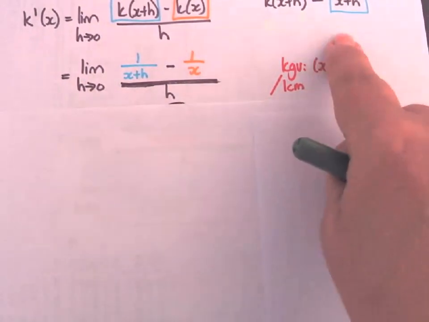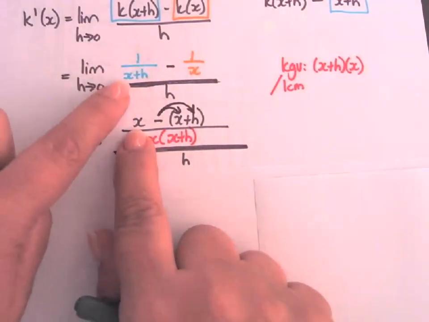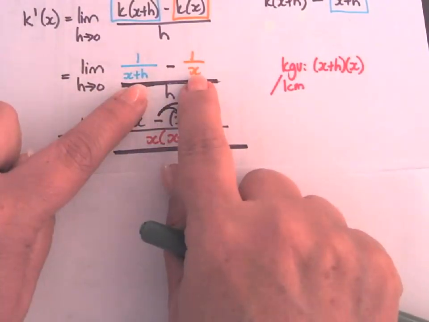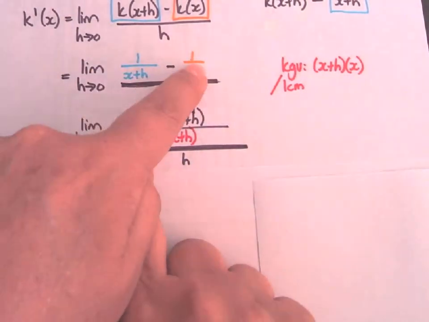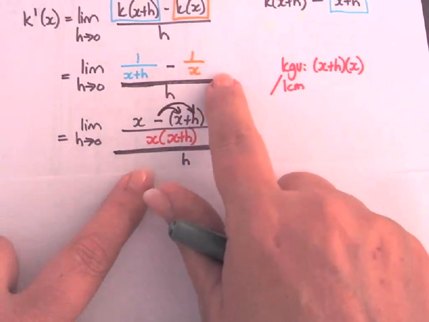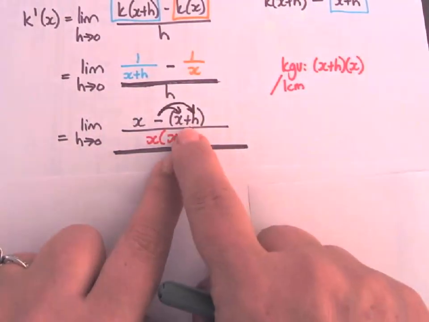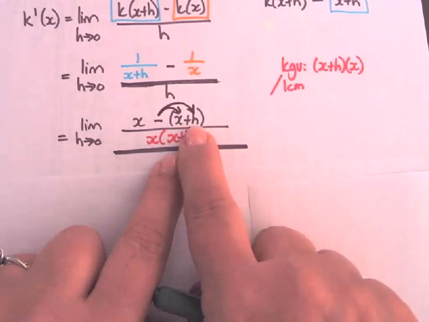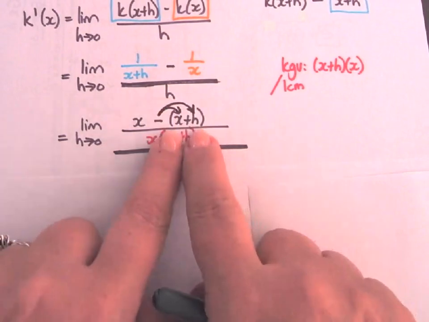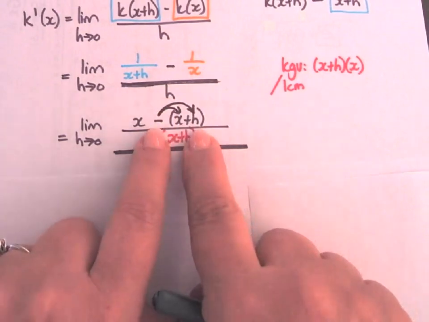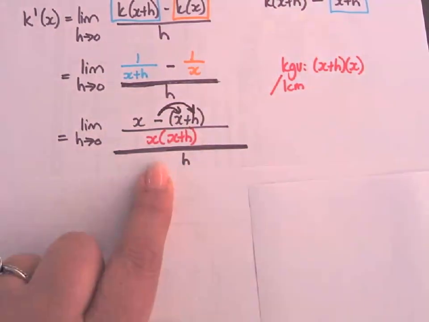Okay, now I put it on the LCM. The first term doesn't have an x, so times the x with the 1. The second term doesn't have the bracket x plus h in the denominator, so I multiply the numerator with x plus h. But remember, after a minus, you must put brackets, because I have to multiply this minus into the brackets.